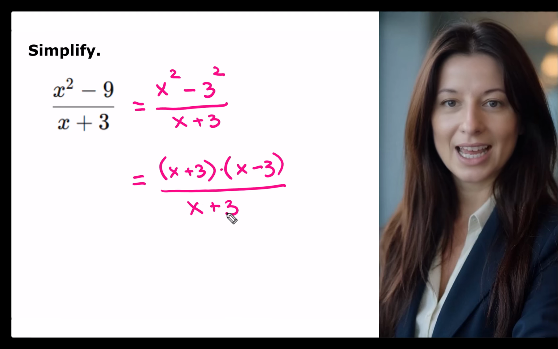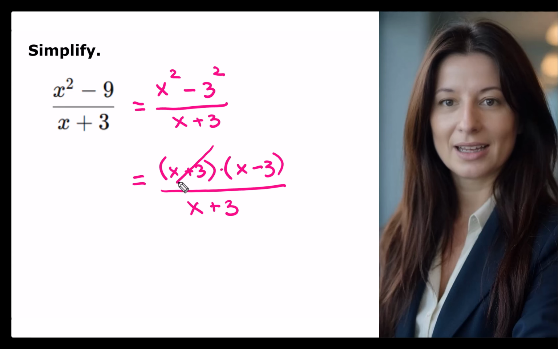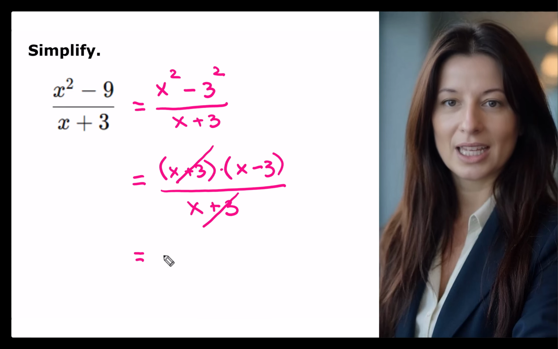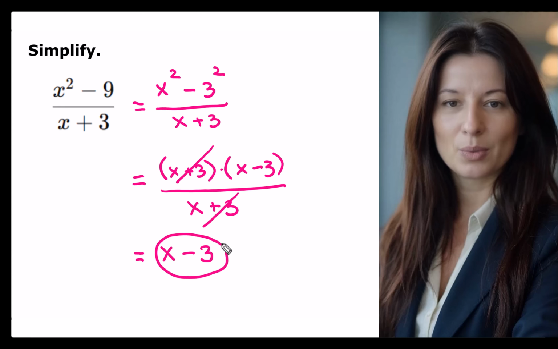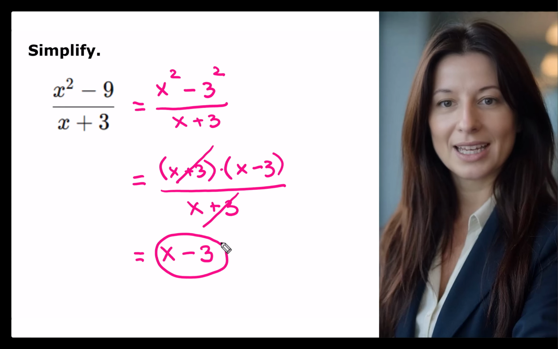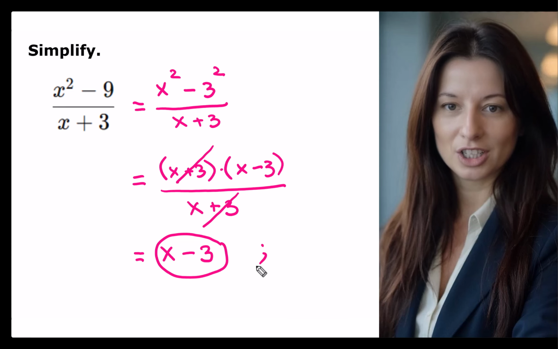Now we notice that the numerator and the denominator have a common factor, which is binomial x plus 3. So we can cancel those two common factors, leaving x minus 3 over 1, which is x minus 3, the simplest form.